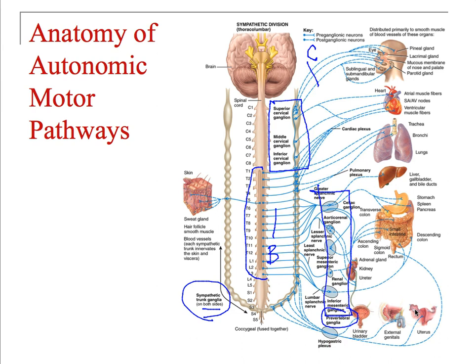And as I said in class, it's not worth your time to memorize all of the pathways. It is, however, in your benefit to learn that the sympathetic nervous system has 3 cervical ganglia. It has 1, 2, 3, 4, 5 prevertebral ganglia. Okay, you might want to pay attention to their names so you can distinguish them from the parasympathetic ganglia you will have to learn in a moment.